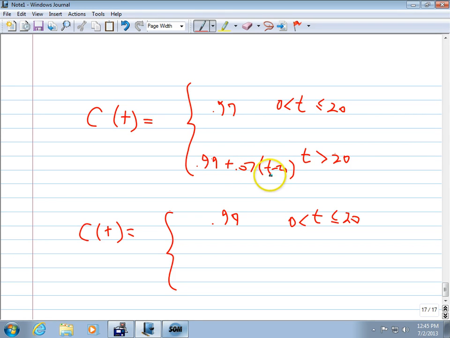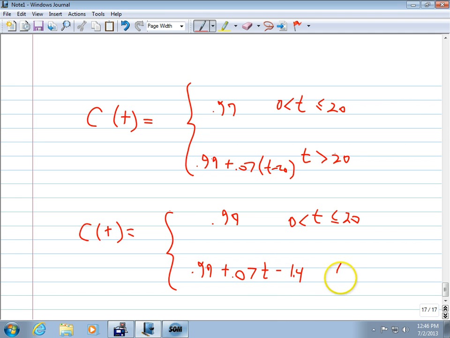So 0.07 t minus, what is 20 times 0.07? 20 times 7 is 140, but that's 7 hundredths. So 140 divided by 100 is 1.4. So it's 0.99 plus 0.07 t minus 1.4.